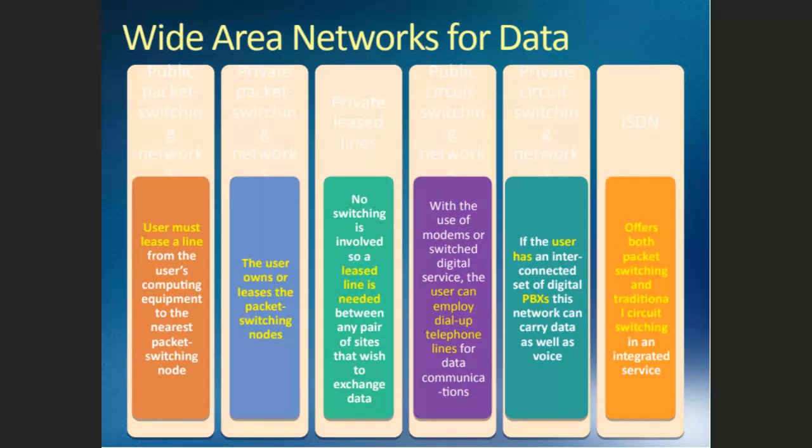So this is a summary of the wide area networks for data. We have public packet switching network. Please spend like 2 minutes reading this comparison. These are summarizing the types of wide area networks for data. And let me open it here. Maybe it's clearer here. Please read it. Which one offers both packet switching and circuit switching?